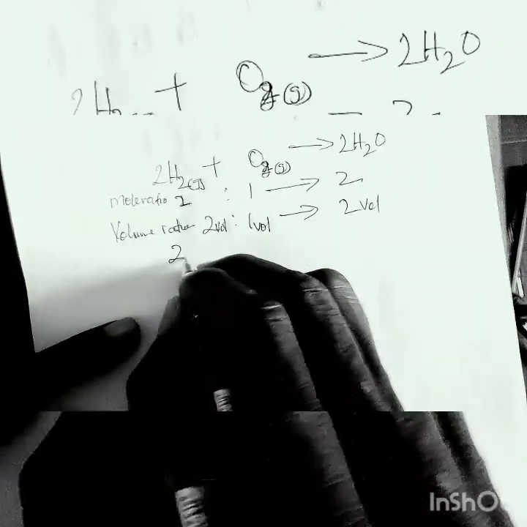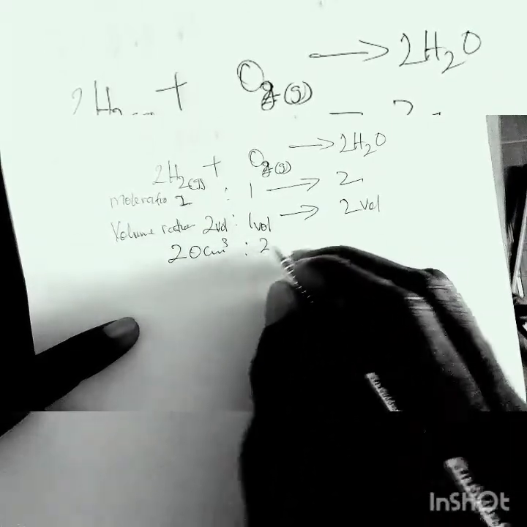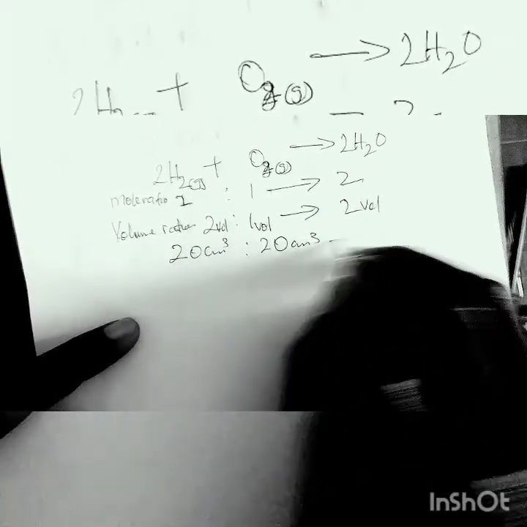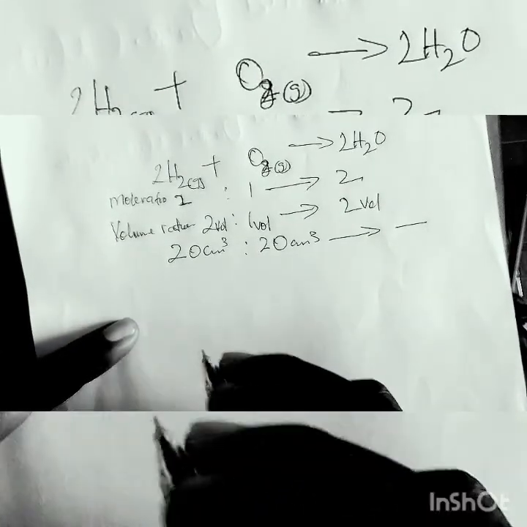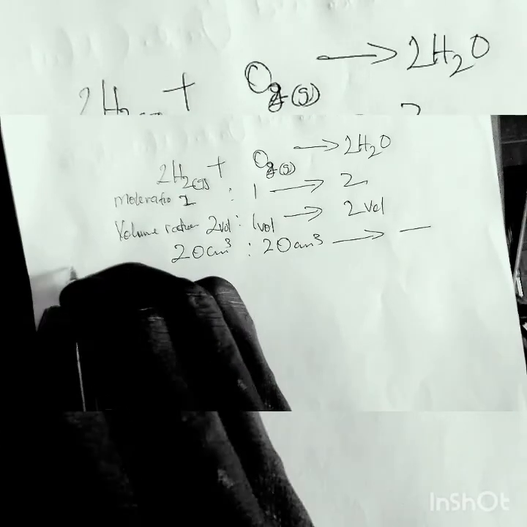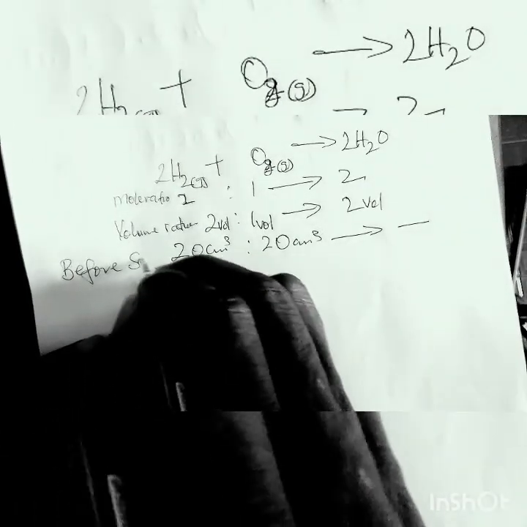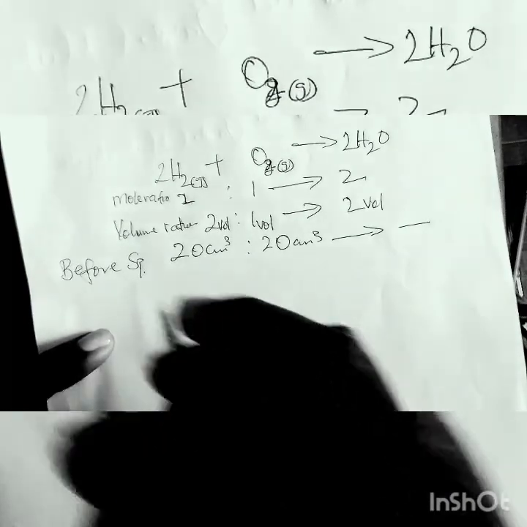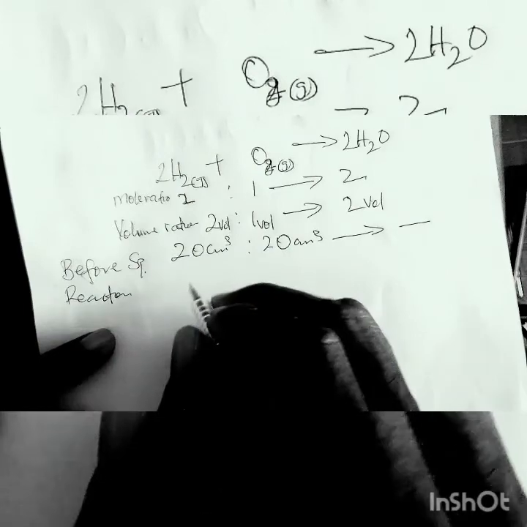So 20 cm cube of this one was packed with another 20 cm cube of this to produce an unknown cm cube of this one because we don't know it. Now we can say that before sparking, that is before sparking, reaction. Let us now look at the reaction that occurs.